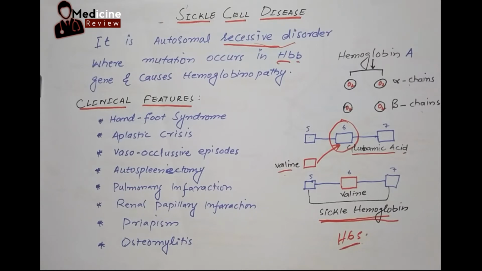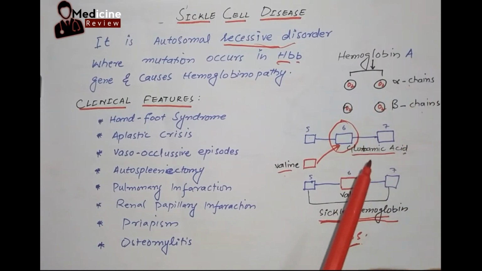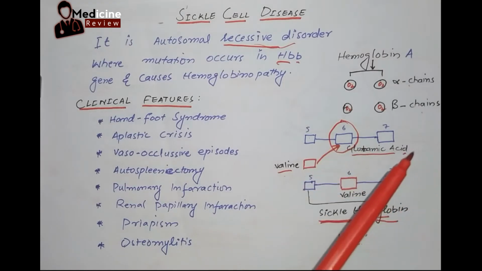So the lifespan of these RBCs becomes very short, and they undergo hemolysis very quickly. It is one of the conditions of severe hemolysis. Whenever there is severe hemolysis, there will be anemia and jaundice.